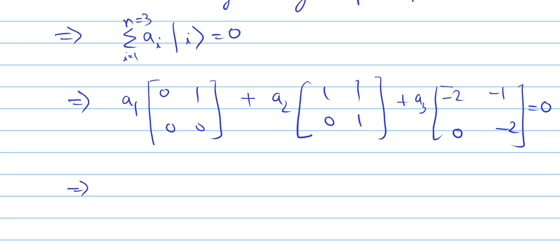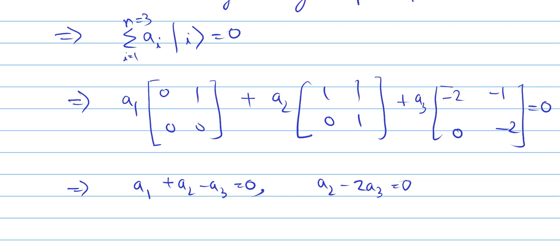So we all know how to do matrix multiplication and matrix sum. So from there we will get these equations and this equation. So we have three unknowns and only two equations, so they will give us multiple solutions.